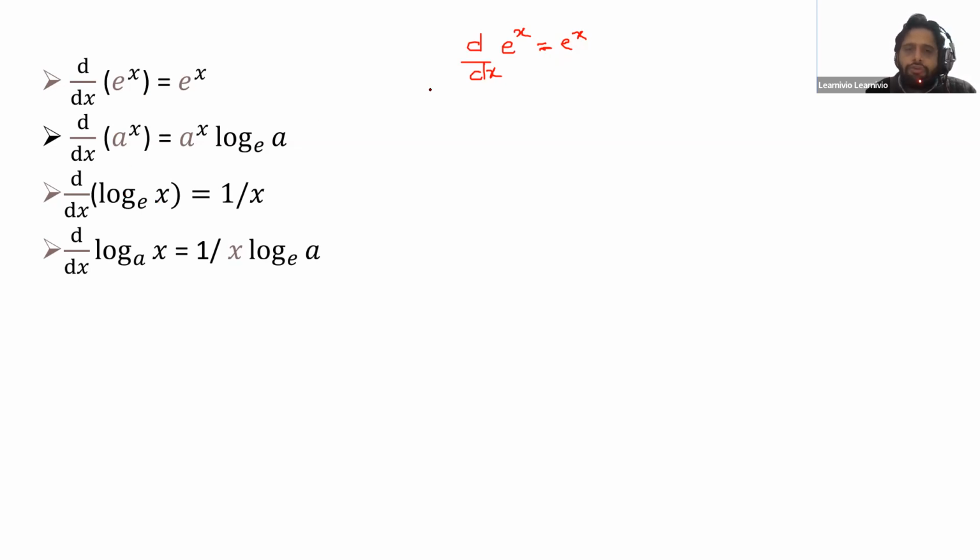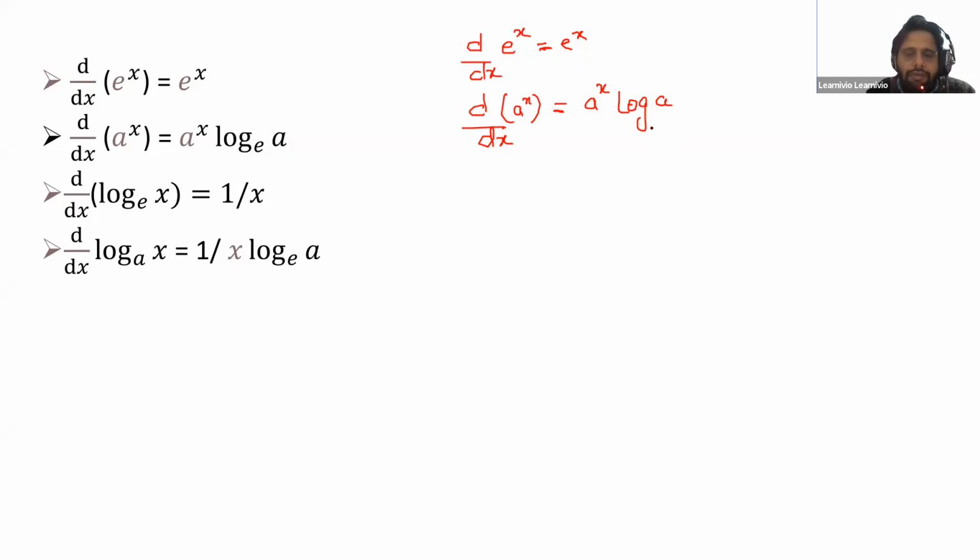So the first formula is that whenever we differentiate the exponential function, we get the same one. e, you already know, is the Euler number, given by 2.718. Now if we have a to the power x, where a can be any number, 2, 3, 4, 5, 6, then if we differentiate this, we get a to the power x as we are getting here, as well as log a.